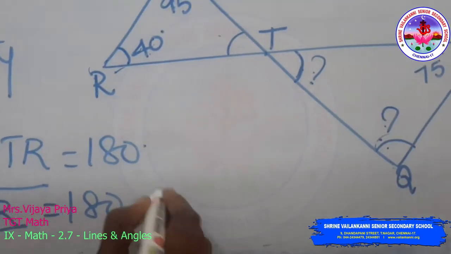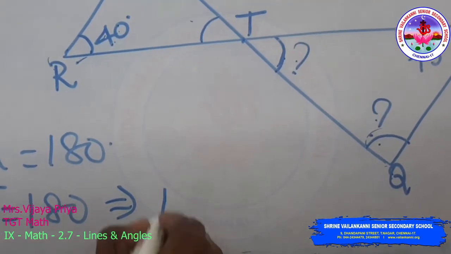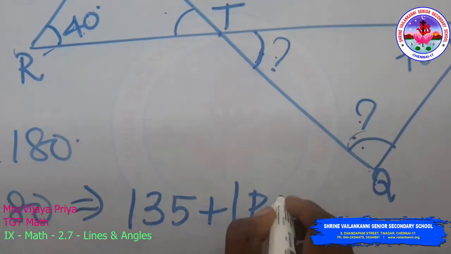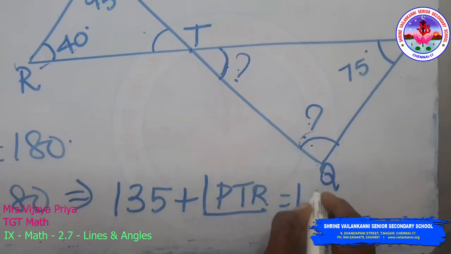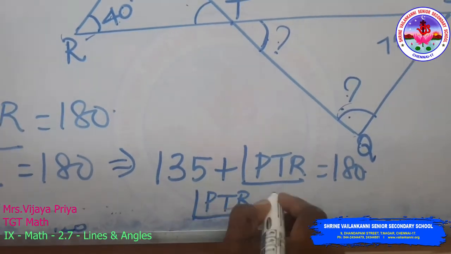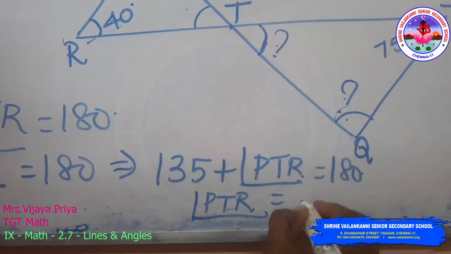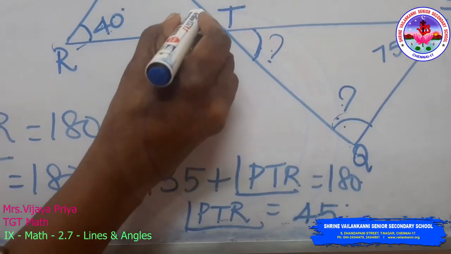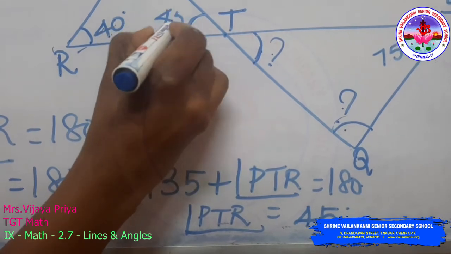So 40 plus 95, I will get 135, plus angle PTR is equal to 180 degrees. So PTR is equal to 180 minus 135, I will get 45. Thus I got this angle as 45 degrees.